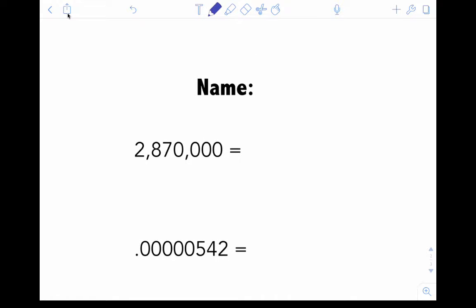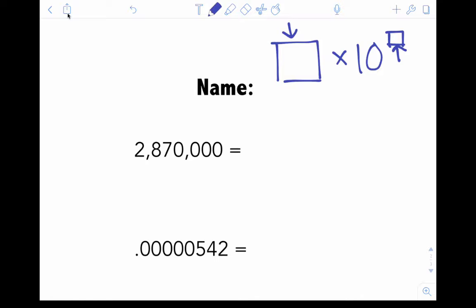Remember that in scientific notation, you're going to have a number times 10 to an exponent. So every time you do this, you need to figure out what your coefficient is and what your exponent is. Remember that your coefficient has to be between 1 and 10.